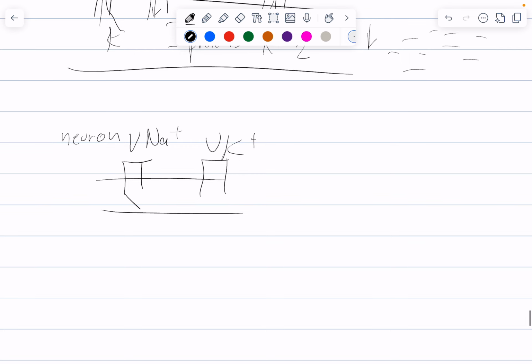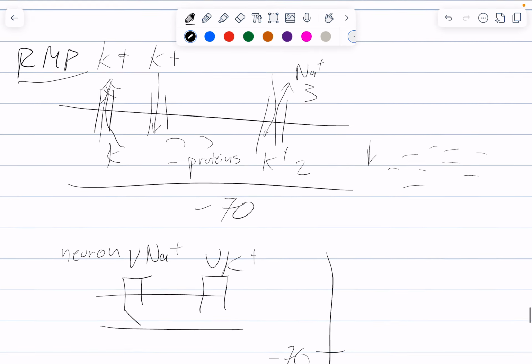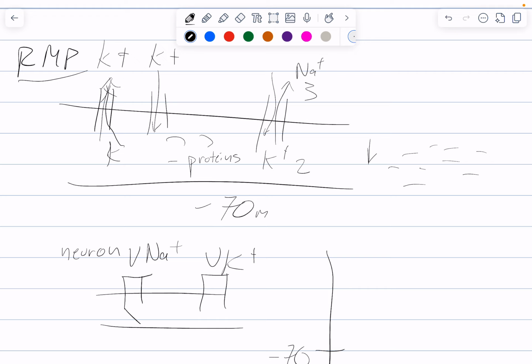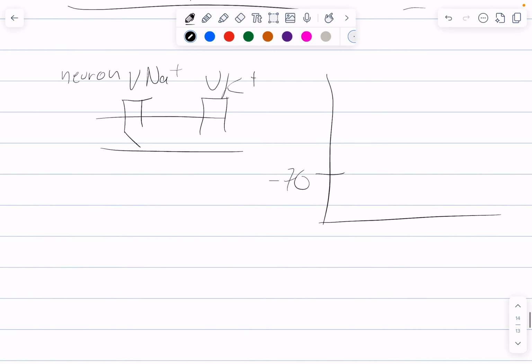So these are activated. The normal resting membrane potential is about negative 70 millivolts, because the inside of the cell is more negative than the outside.